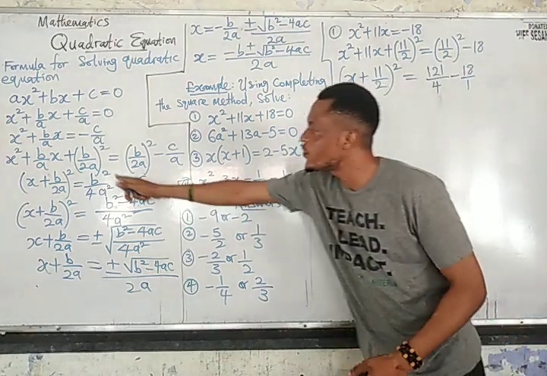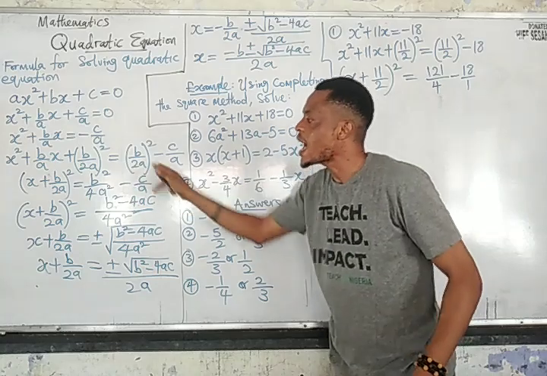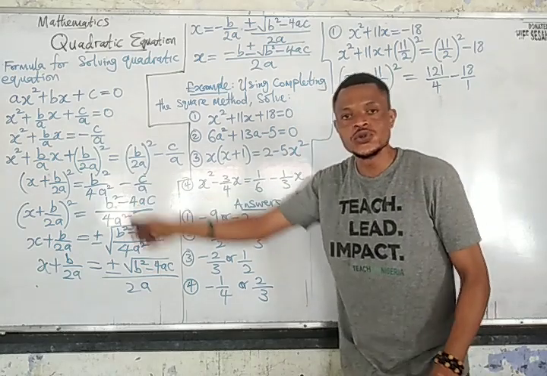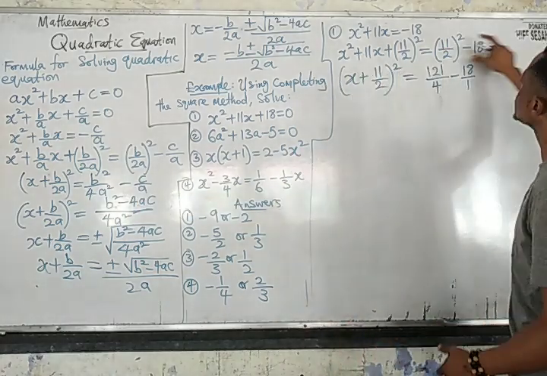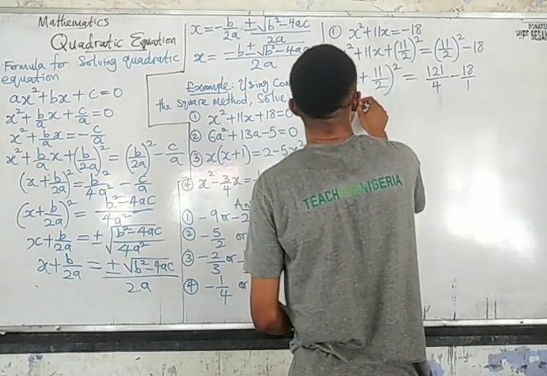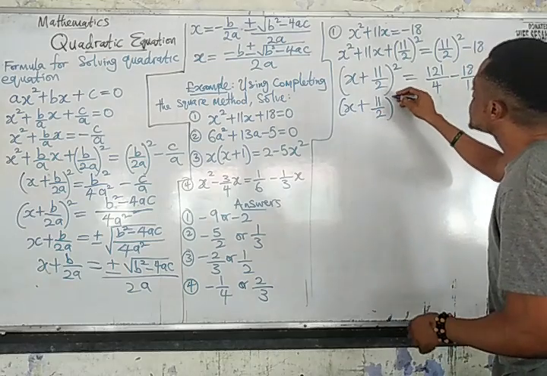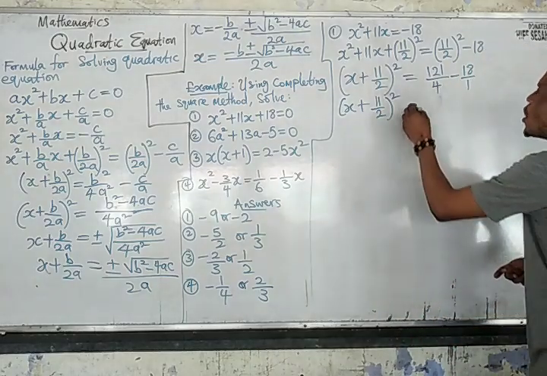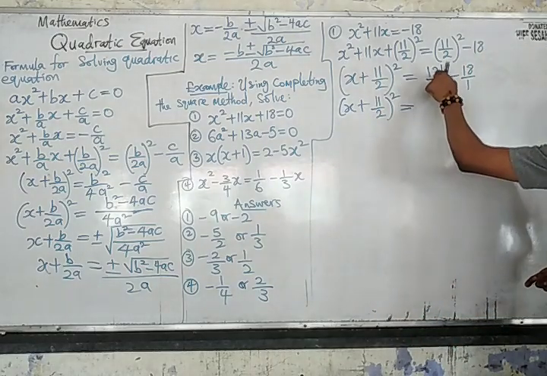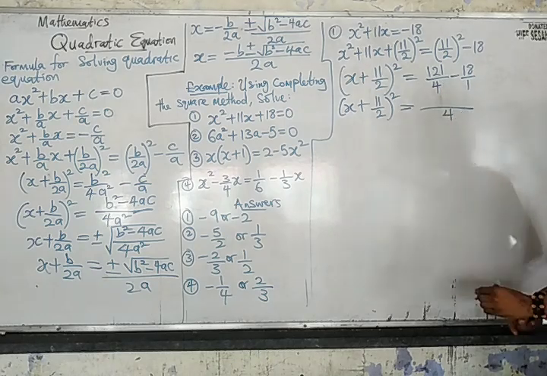As we rightly did for this place, when we squared it, then we carried out the addition or summation of the two fractions. So that's what we are going to do next. We see we have our value here intact. X plus 11 all over 2, close bracket, raised to power 2, all to give us LCM of 4 and 1 will give us 4.